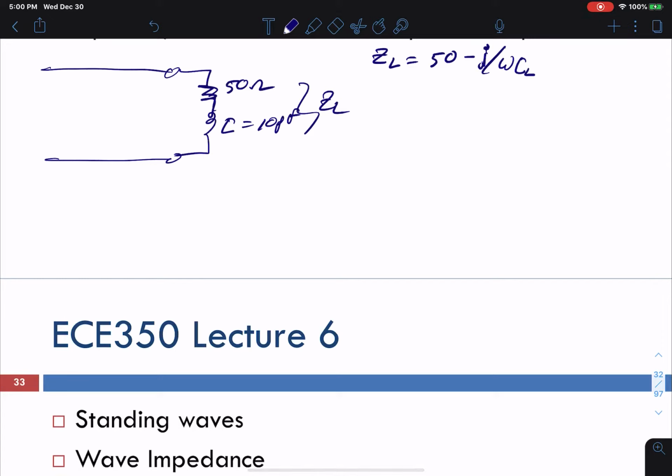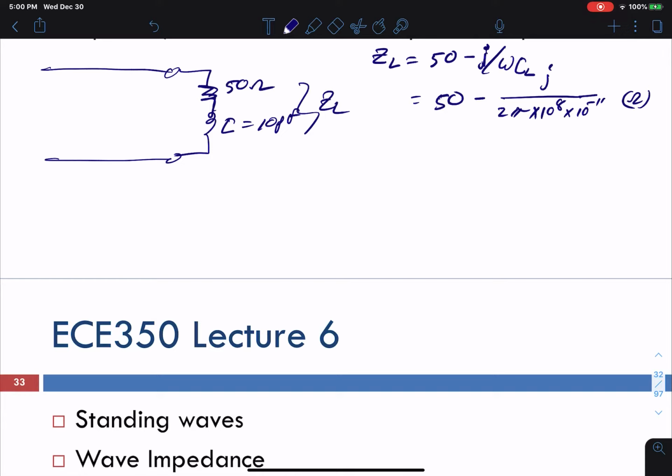That is 50 minus j, where omega is 2 pi f, the frequency is given as 100 megahertz, times your 10 picofarads, which is 10 to the negative 11.